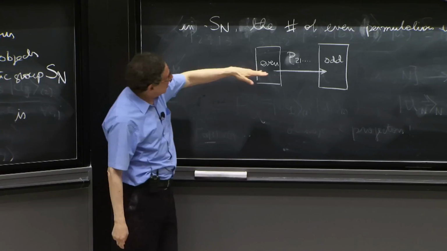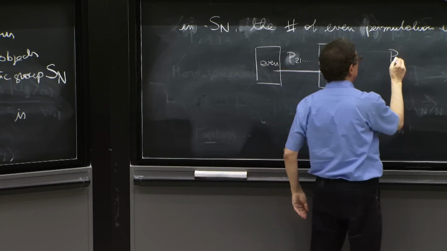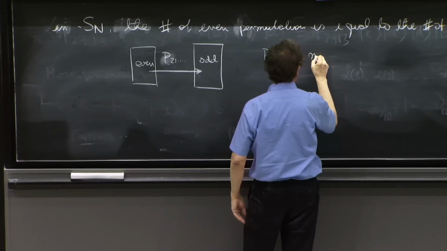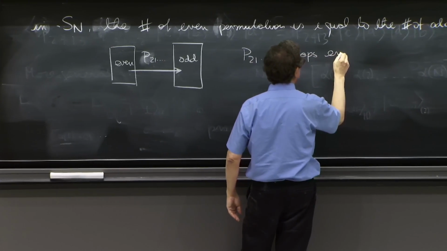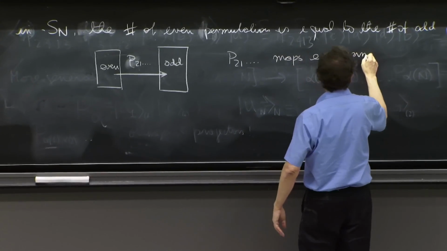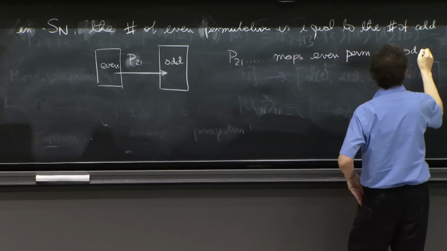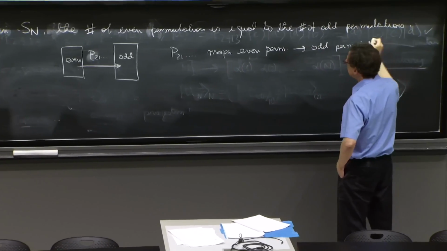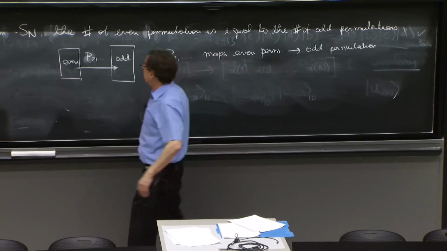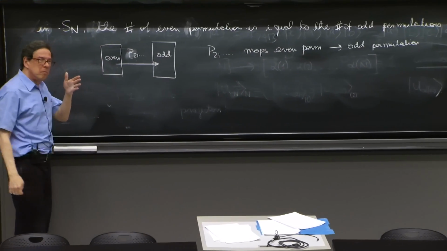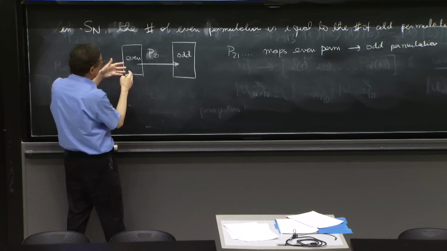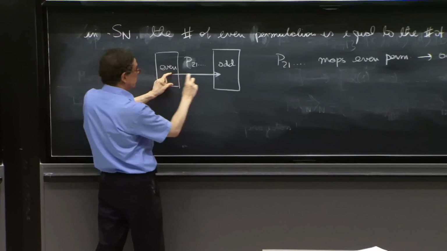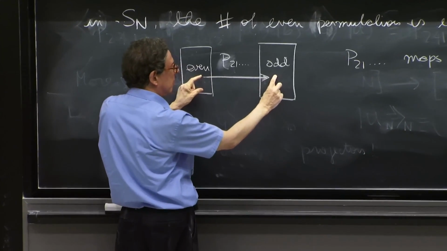So this P21 maps the even permutations to the odd permutations. Moreover, it maps them in what's called one-to-one fashion. If you have 2 permutations here that are different, it will map to 2 permutations here that are different.